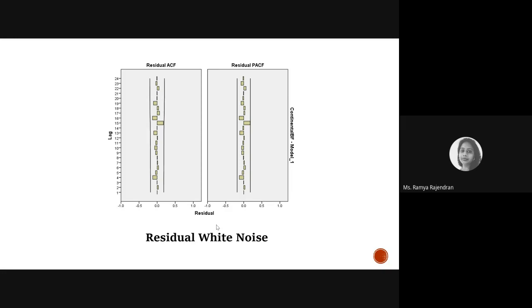So we will be using the errors which follow this white noise. This is your error graph for ACF, I mean residual ACF and residual PACF. It is always within the confidence limit.